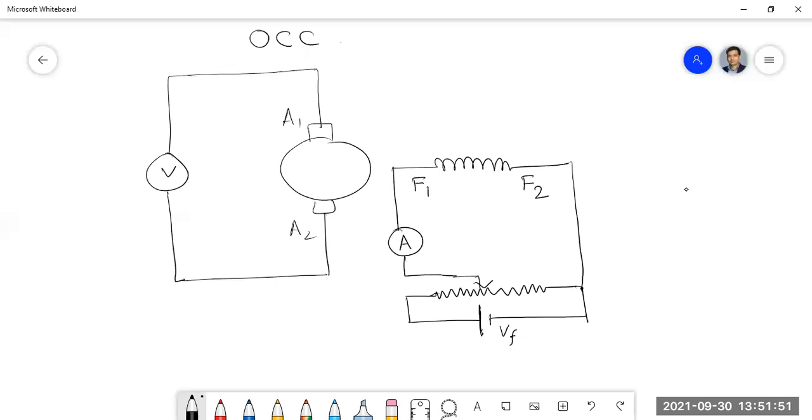The field is getting excited separately, and we are running the machine at its rated speed. The machine should be run with some prime mover at its rated speed. So this will generate some flux.